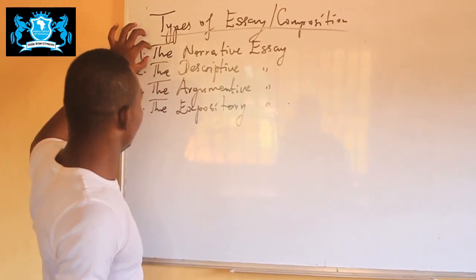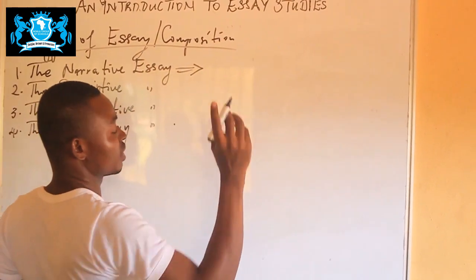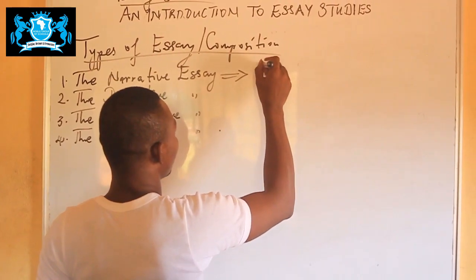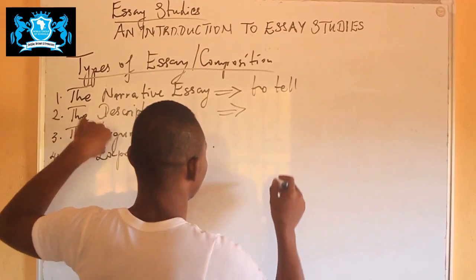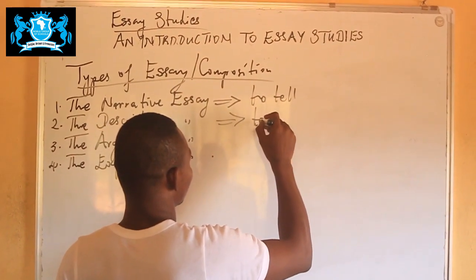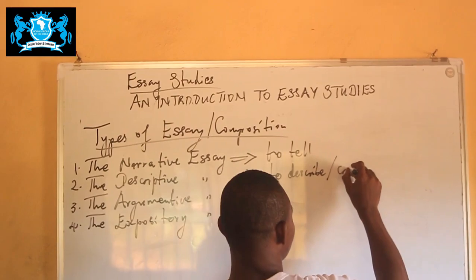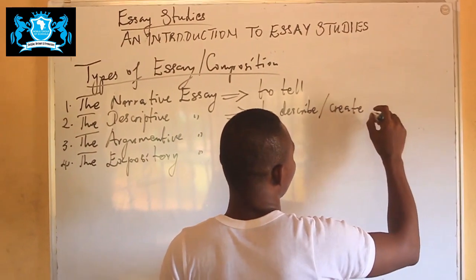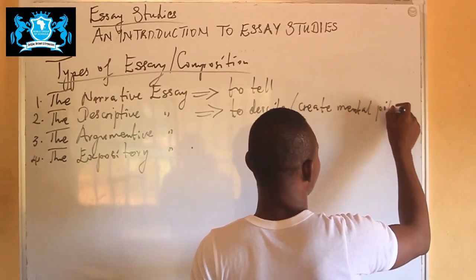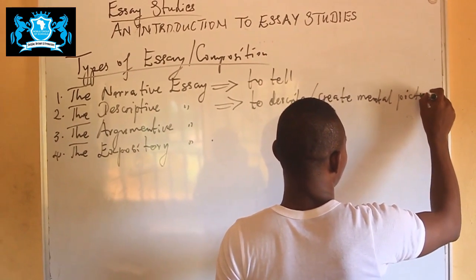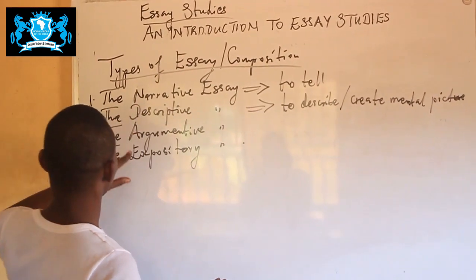So, the narrative essay, what it looks at is the major essence of writing. It is to tell. So we can briefly say descriptive. The main essence of writing is to describe, to create a mental picture of somebody or thing you are writing about.